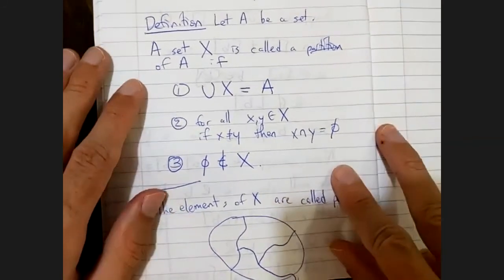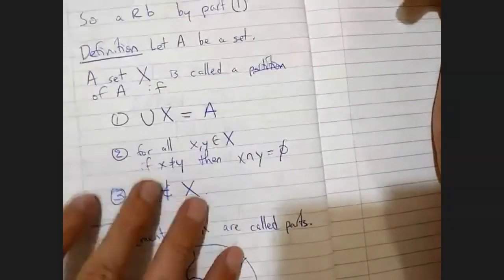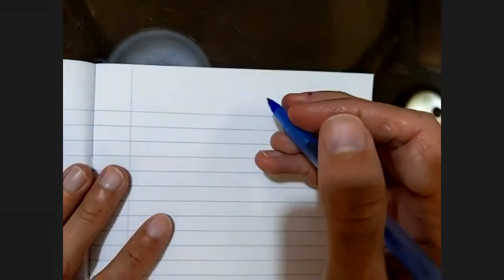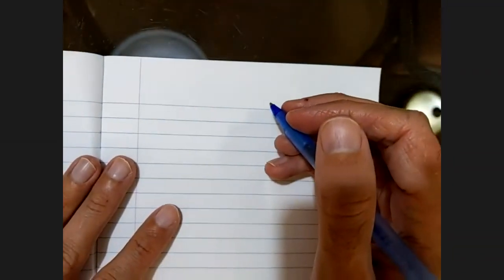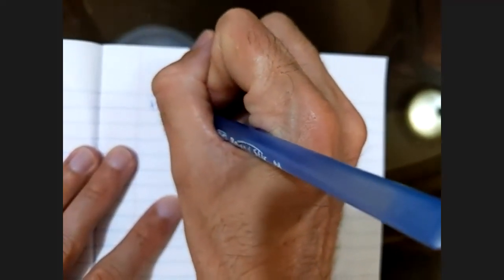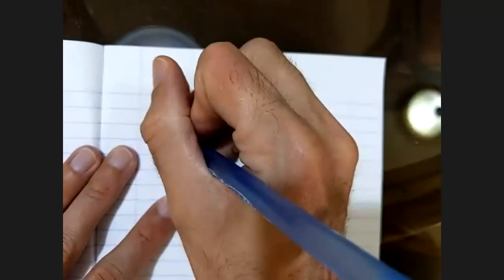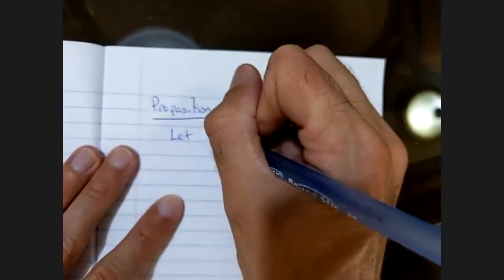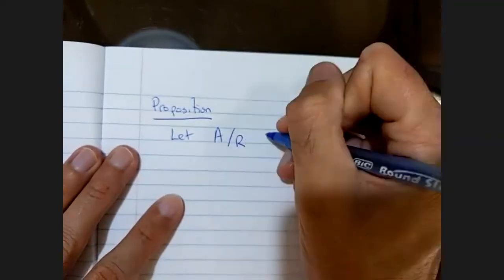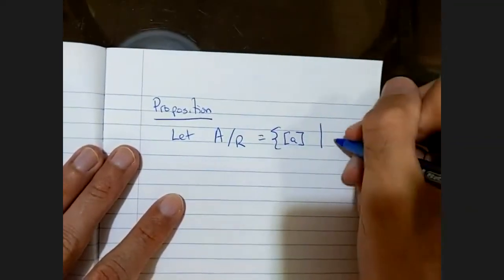And so what our lemma about equivalence classes tells us is, okay, I guess we should say it's a proposition. Let A mod R be the set of all equivalence classes.